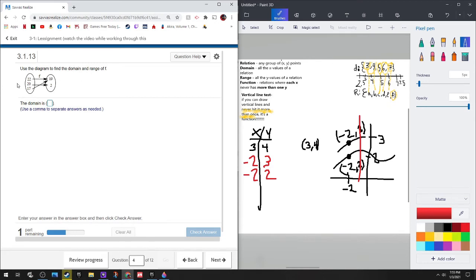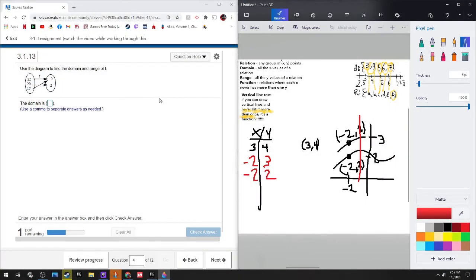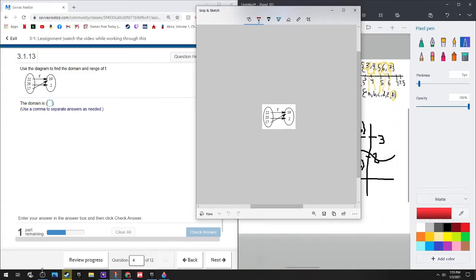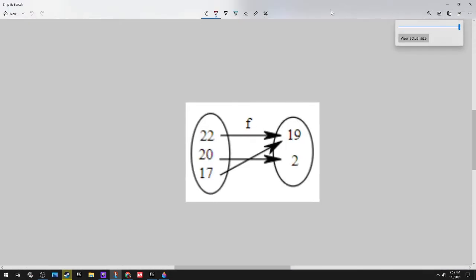So this diagram is another example of inputs and outputs, of x's and y's. Am I screen capturing everything? Okay. Earlier I tried to make this fancier and it didn't work.